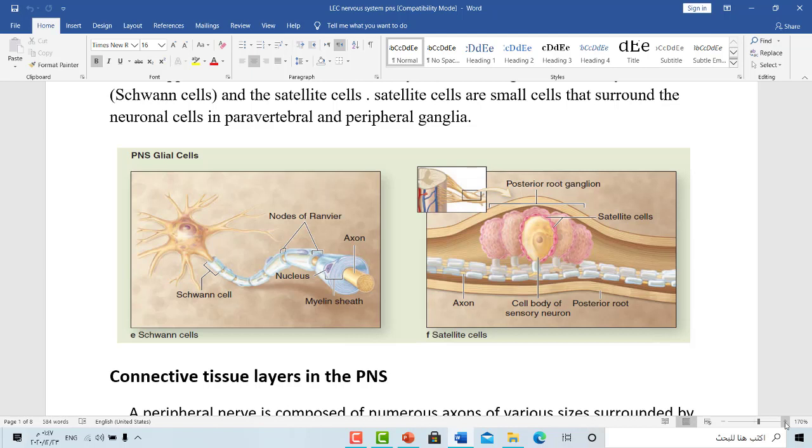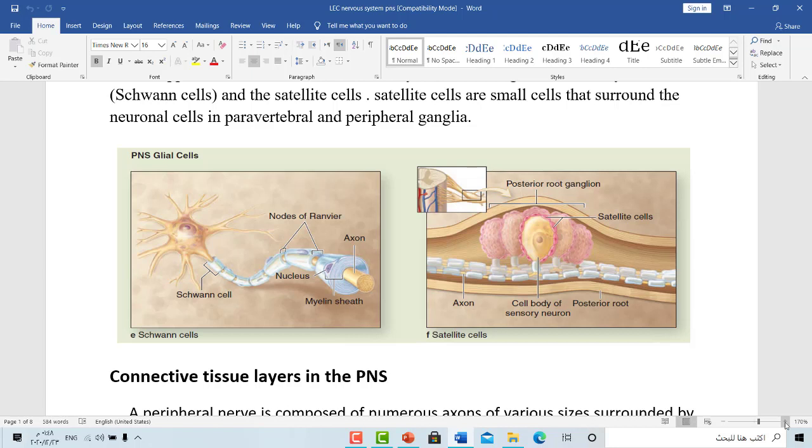Also, each neuron cell body outside the CNS is surrounded by connective tissue and is called a ganglionic neuron.